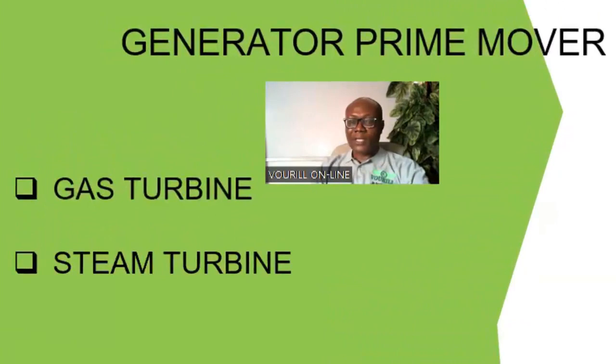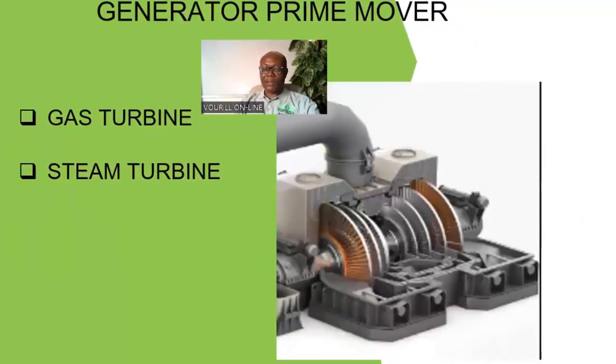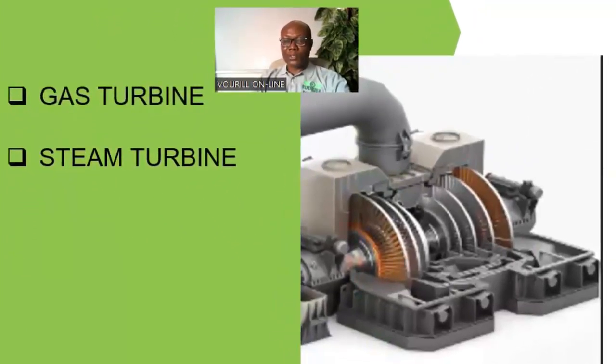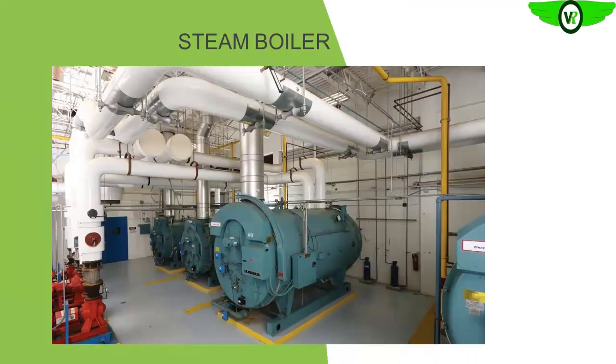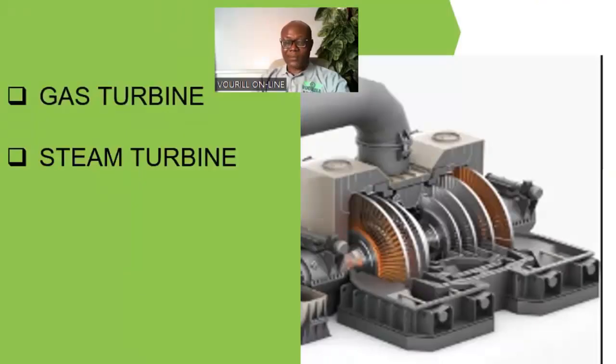So next, we want to also look at the steam turbine. The steam turbine is another very simple but complex machine. What happens is that steam is generated at the boiler. First, the chemical energy that is contained in the fuel is liberated by combustion, and that heat is absorbed by water.